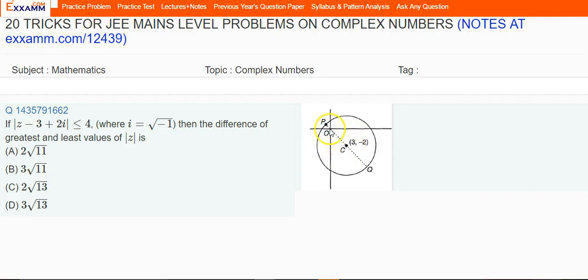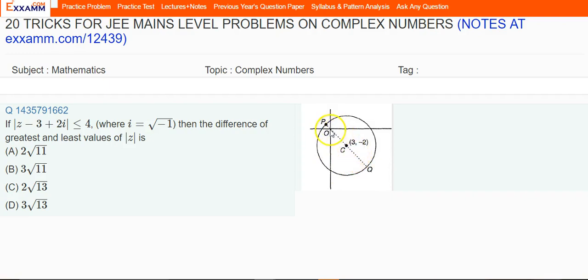So which point inside this circle will have the least distance from O? Now this is just a geometric situation. Suppose we draw this particular line. Now this distance is less than this distance, so this is not the smallest distance, and this distance, as is obvious from this figure, is less than this distance, so this is not the biggest distance.